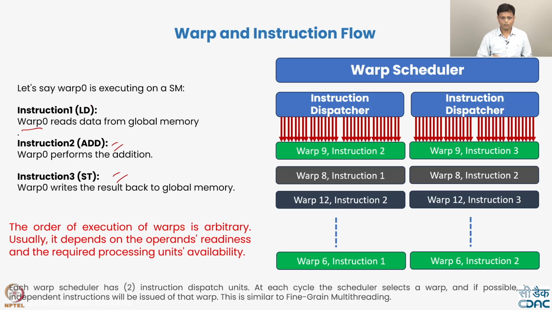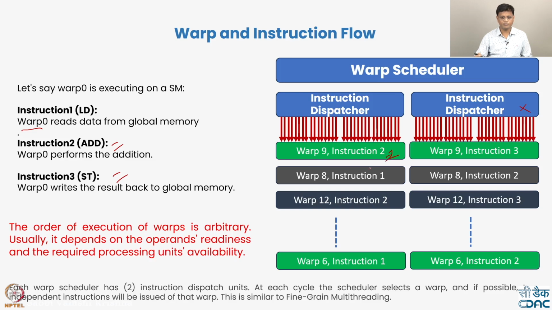In this scenario, I am ignoring the second instruction dispatcher for a moment and just focusing on the one instruction dispatcher. When a warp comes, instruction 1 will be processed.